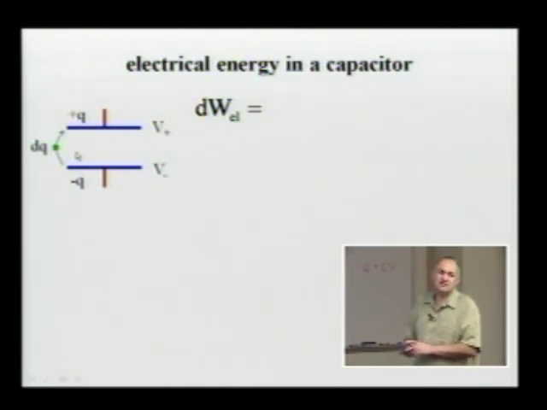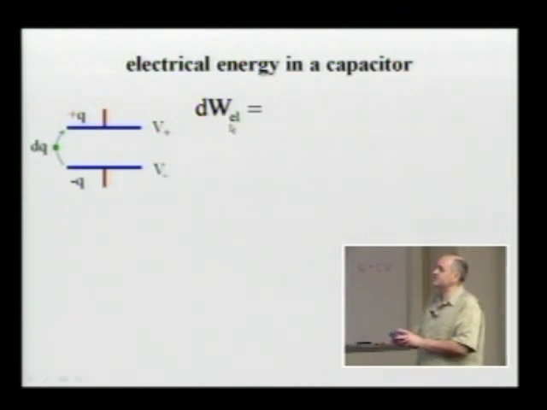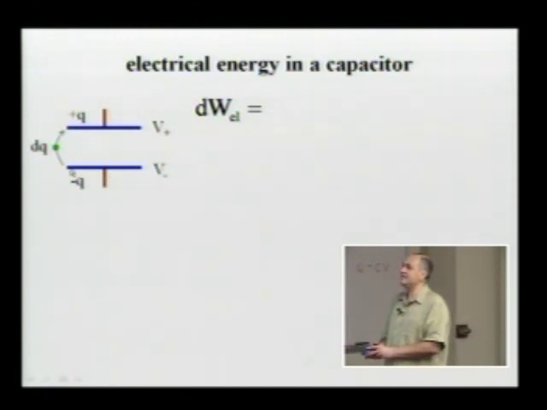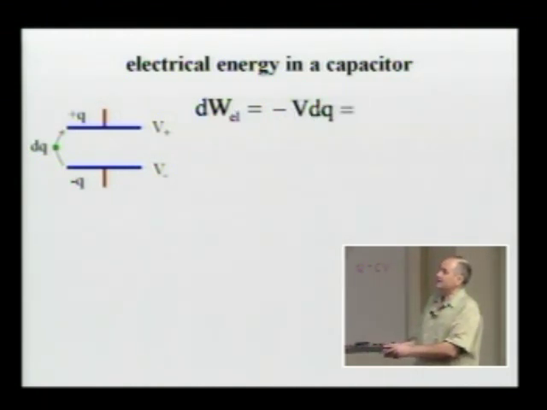Let's find out how much work, and since I put this subscript EL over here, it means that I'm thinking about work performed by the plates. So this electrical work will be, well, I have to multiply because it will change potential energy. So it will be opposite to the change in potential energy. And change in potential energy will be potential difference.